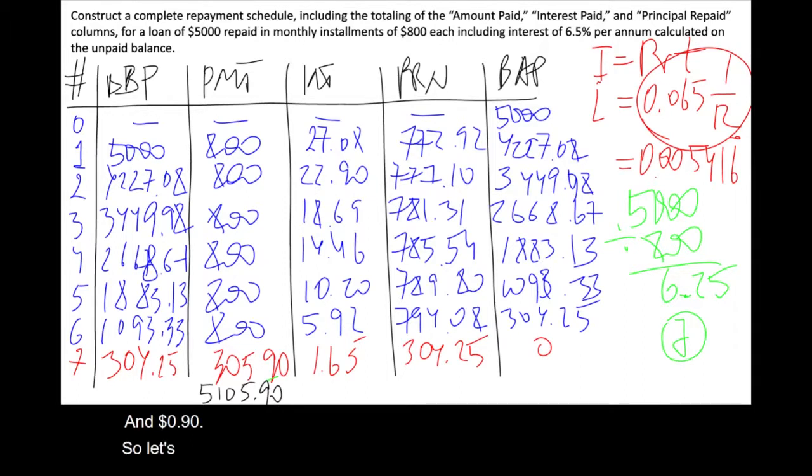So let's add the interest together. Something's wrong. 27.08 plus 22.90 plus 18.69 plus 14.46, 10.20 plus 1.65. Somewhere we made a boo-boo.